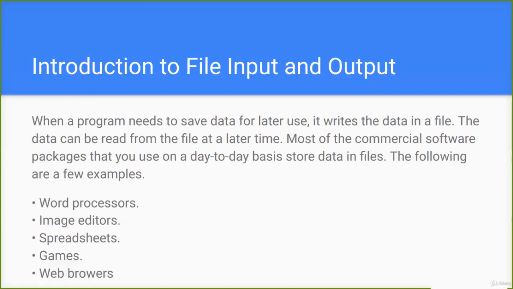And we save our files with an extension such as .txt, .doc, etc. Can you name any other file extensions that you use on a regular basis? Just share it with me.